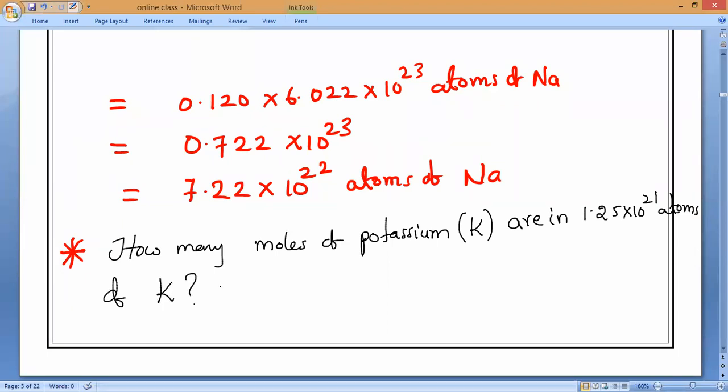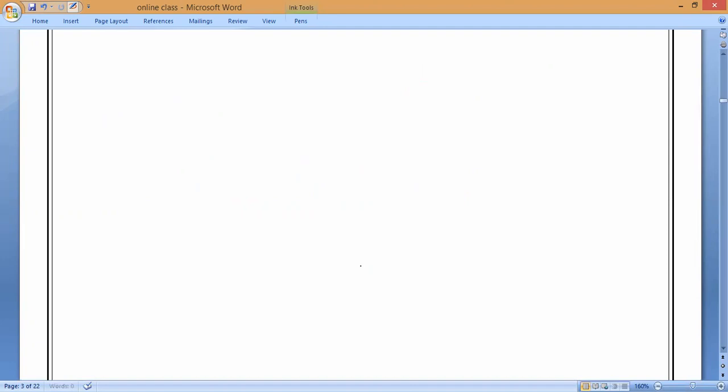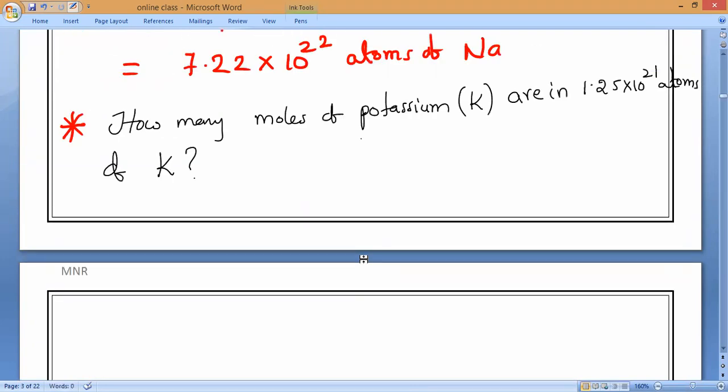Now you have three steps, one by one. Step 1: we want moles of potassium.